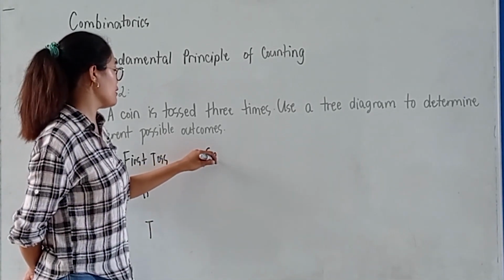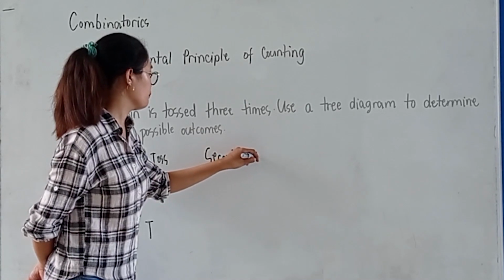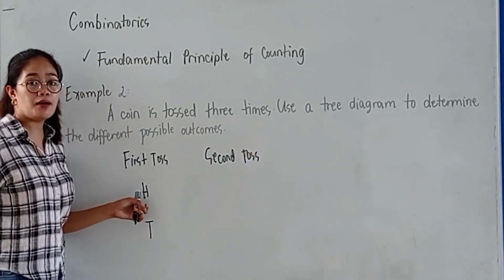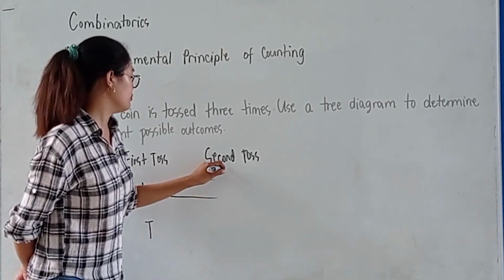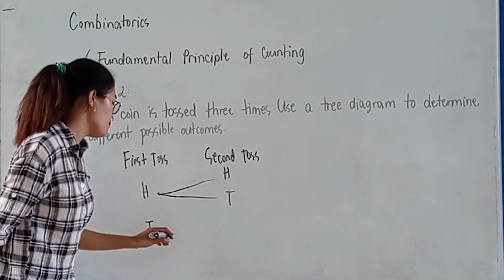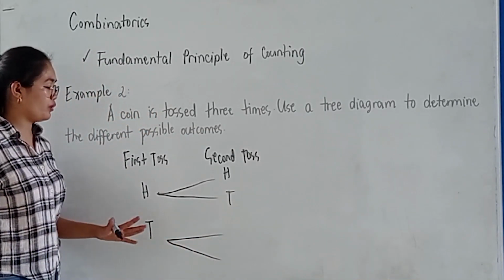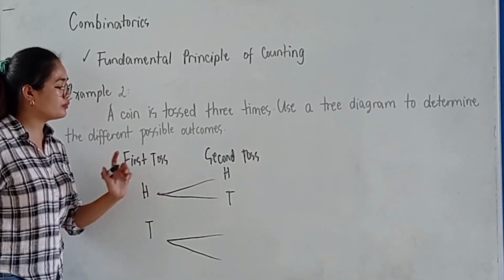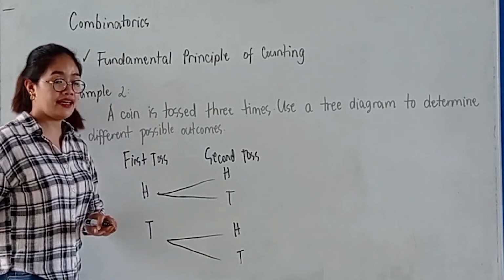Then for our second step, which is the second toss, if a head comes up for the first toss, we can either have head or tail for the second toss. And if a tail comes up for the first toss, the second toss can either be a head or tail.